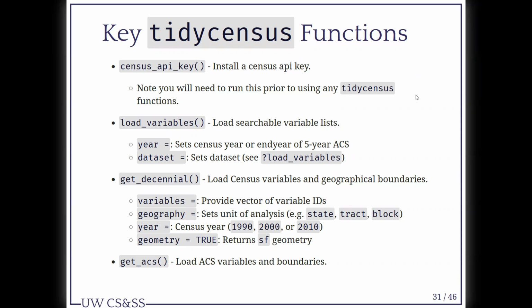Yeah. The next one is load_variables. This will load searchable variable lists. And you can say the year, so set the census year or the end year of the 5-year ACS, which they just released the 2020 5-year ACS, which I was worried they were not going to at all because there was low turnout for the 2020 survey, as you might imagine.